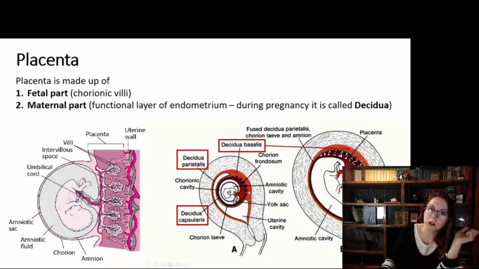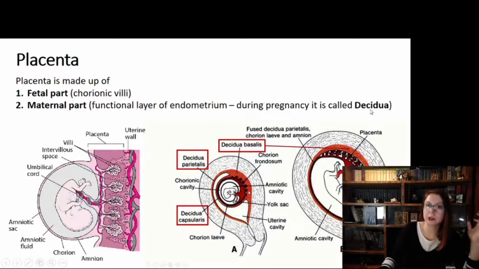So there are three regions of endometrium or decidua you have to distinguish. First, look at this image, here they are shown. Endometrium is shown in orange color, and you can see here the endometrium which is invaded by chorionic villi, and this is what we call the decidua basalis.